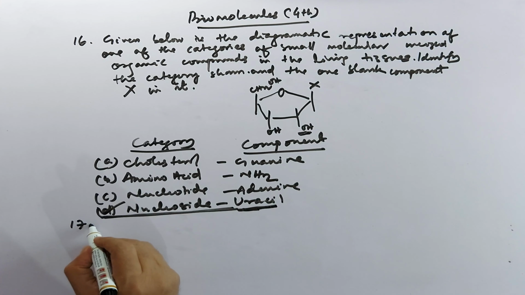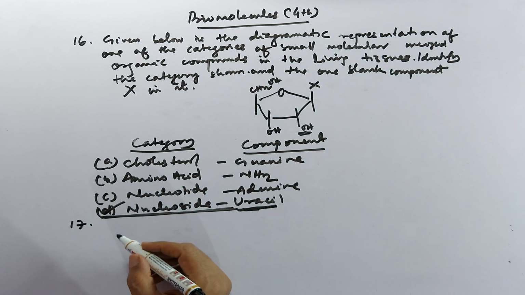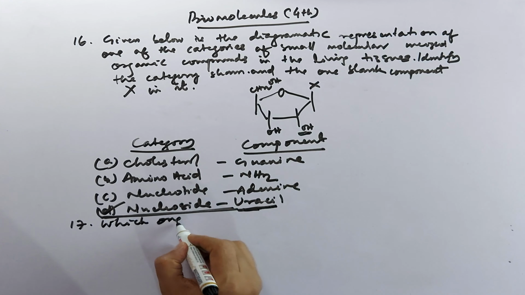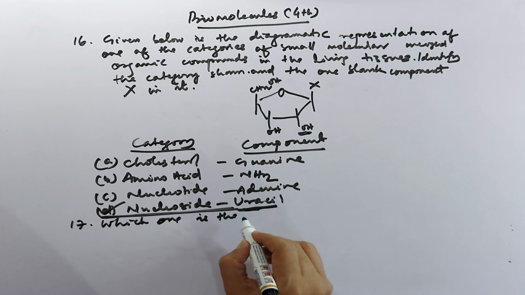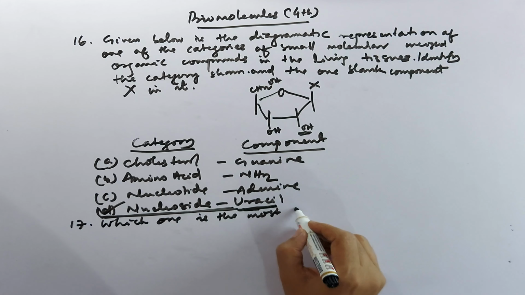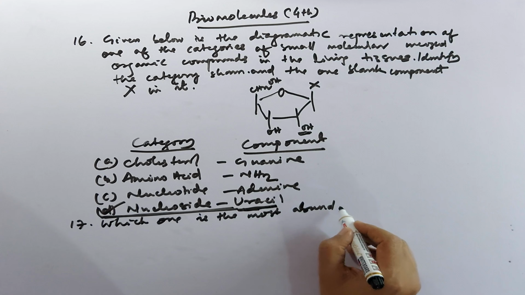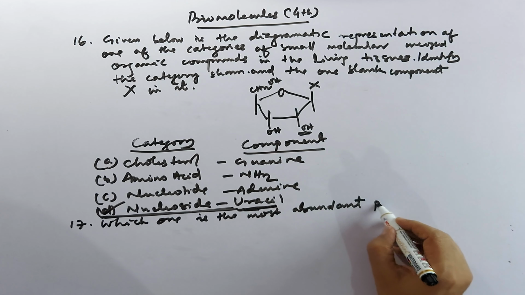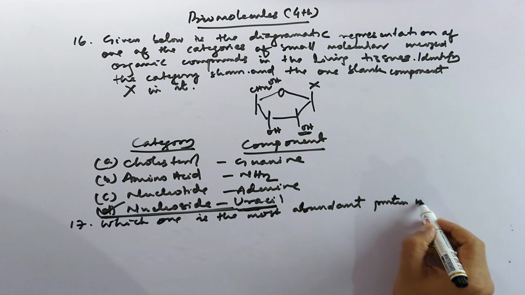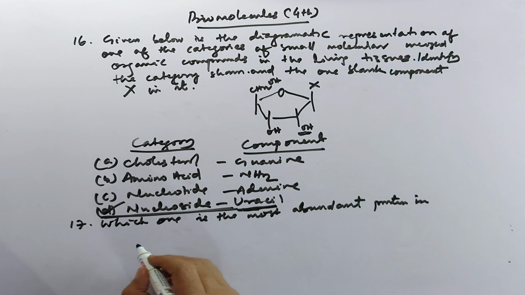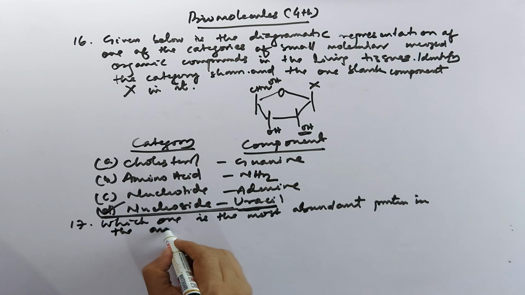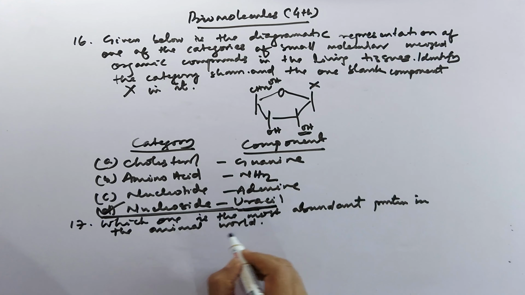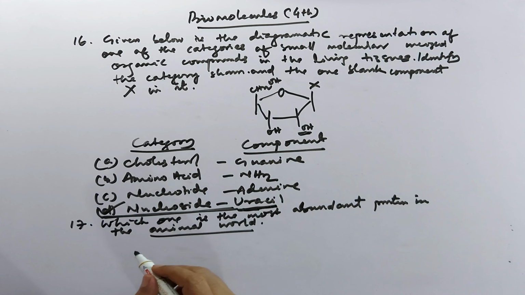Then question 17: which one is the most abundant protein in the animal world? This is important to underline, animal world.